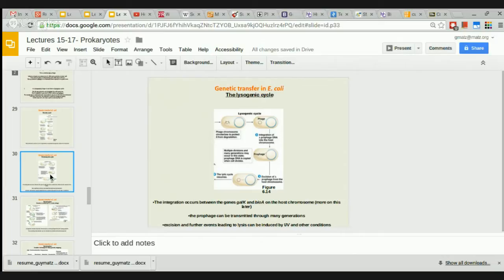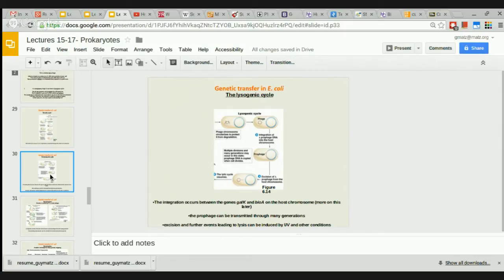And depending on the growth conditions of the host, there is a regulation of whether the cycle goes into lytic or lysogeny. If the cells are in good growth conditions, the lytic cycle occurs. And so it's exactly like T4.